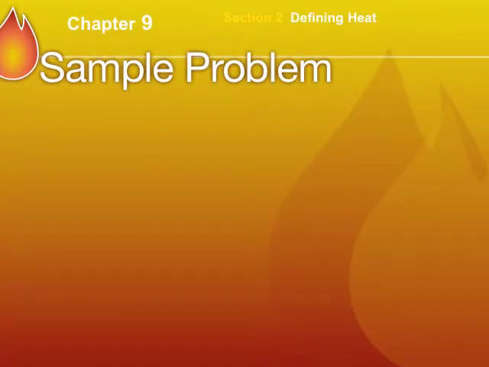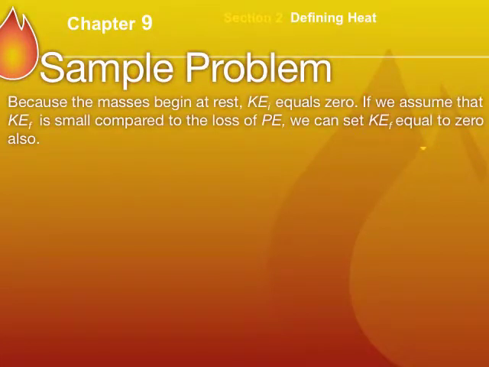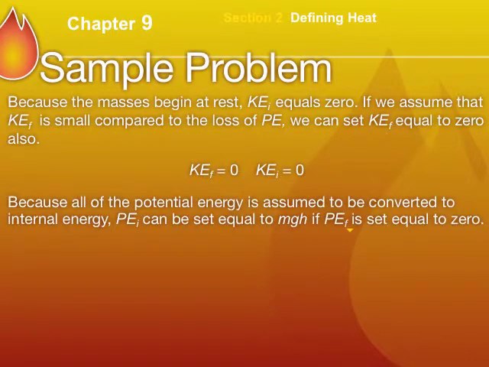So let's see how this pans out. Because masses begin at rest, the initial kinetic energy is 0. If we assume that the final kinetic energy is small compared to the loss of potential energy, we can also set the kinetic energy to 0. That simplifies things for us because it takes that out of the equation.